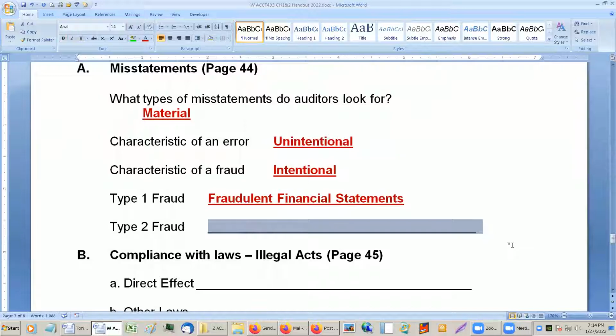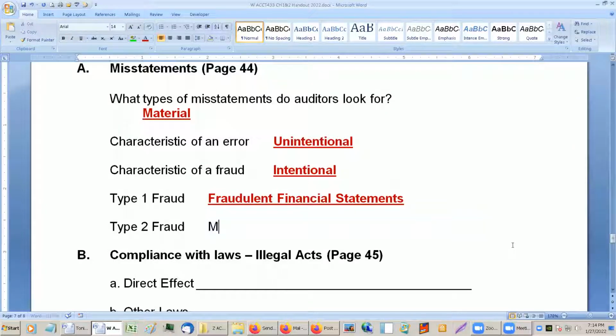Type 2 fraud is a misappropriation of assets, commonly known as employee theft.